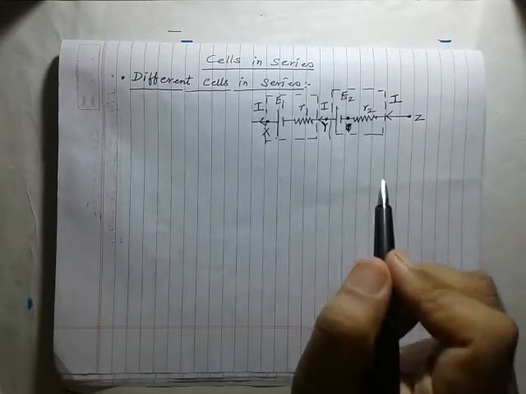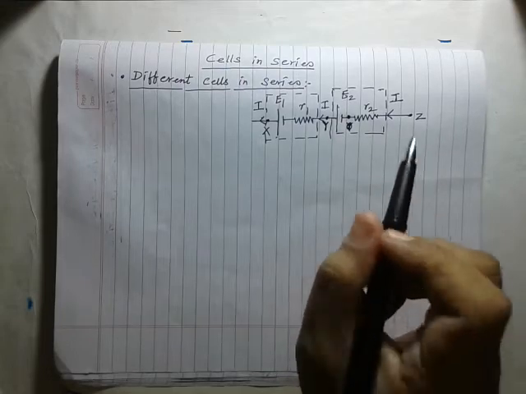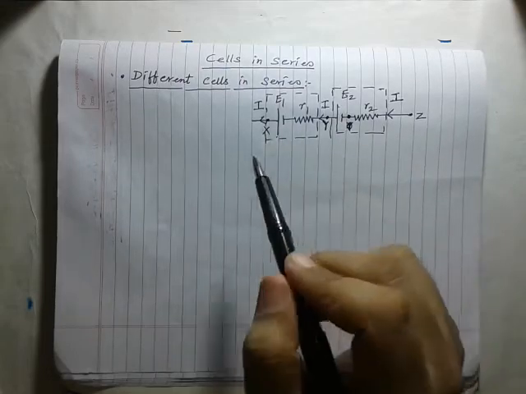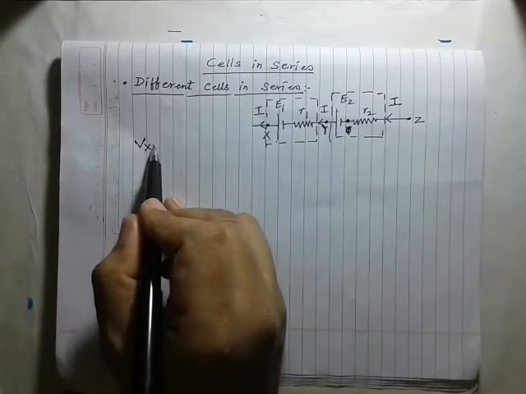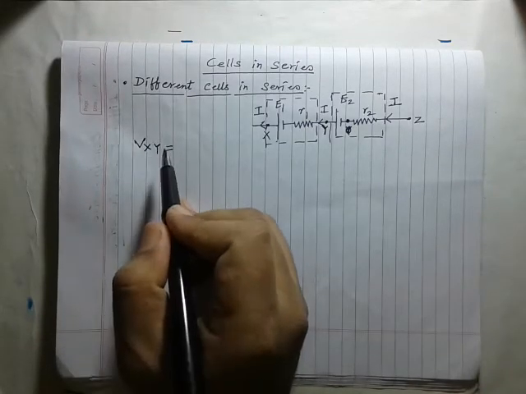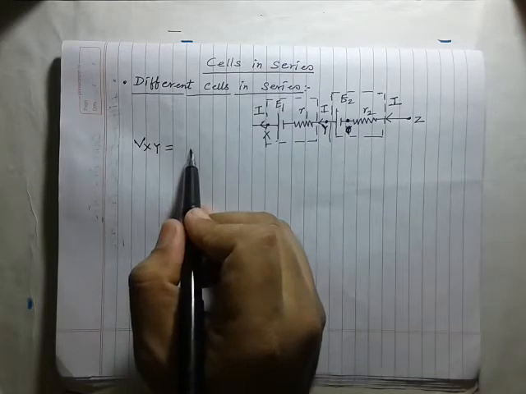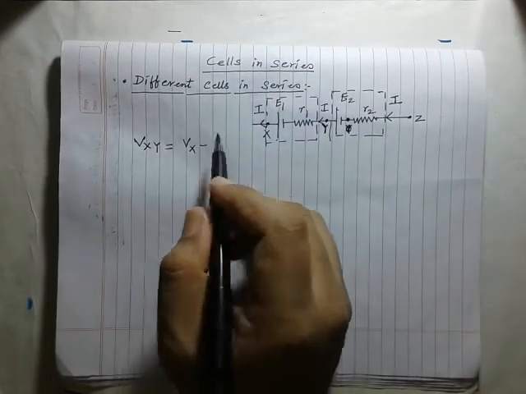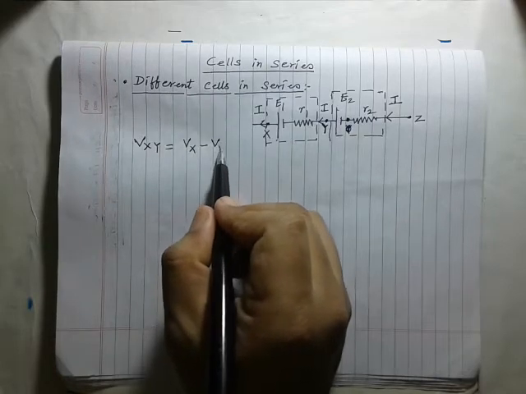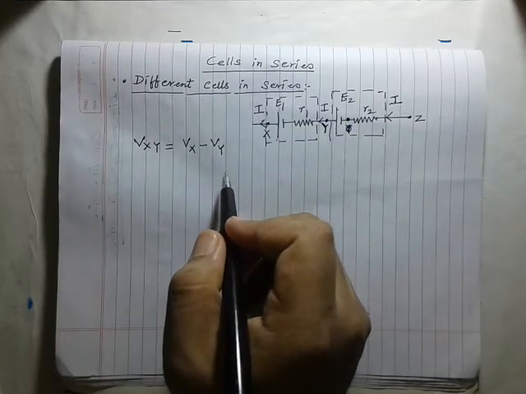Now what is the potential difference between X and Y? You have to find out the potential difference between X and Y. So you can write Vxy is equal to Vx minus Vy. That is the potential difference.